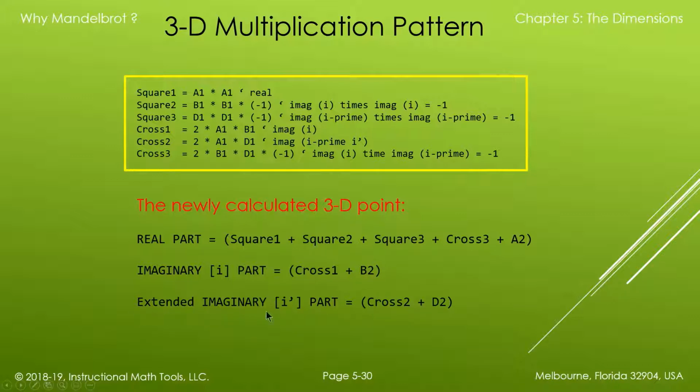To find the new I prime value, the extended imaginary part, you add cross 2 with D2, and of course D2 is the original extended imaginary component of C. I know this sounds very complicated and busy, but once somebody does that, as I have, here are the kinds of things that you get.